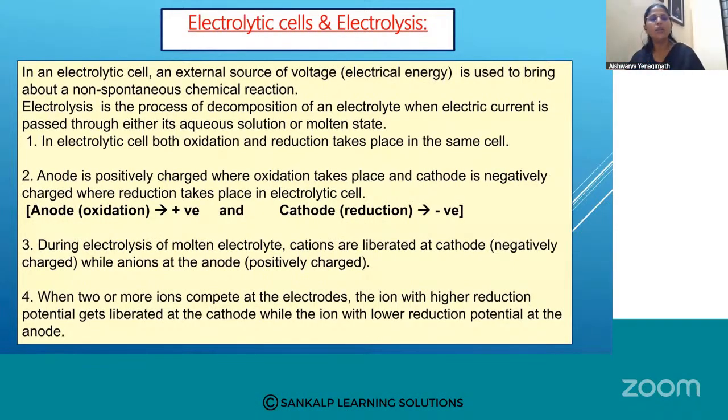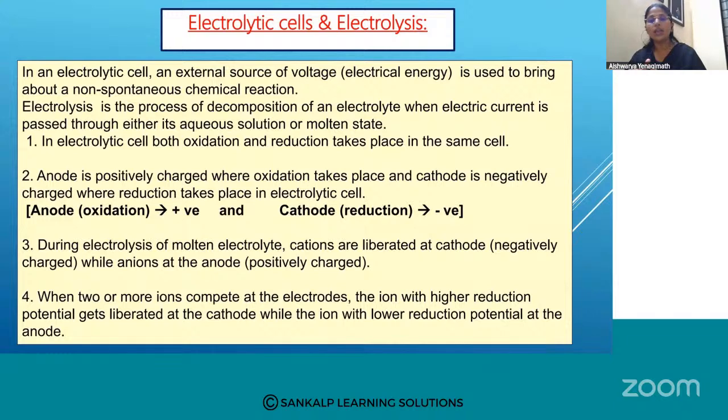Similarly, there are certain reactions which do not occur on their own. Such reactions are called non-spontaneous chemical reactions. To bring about these non-spontaneous chemical reactions, you need to give an external push from an external source. So what is that external source?